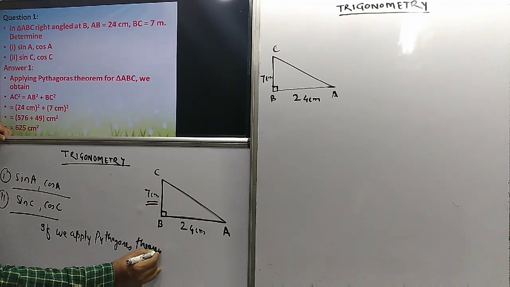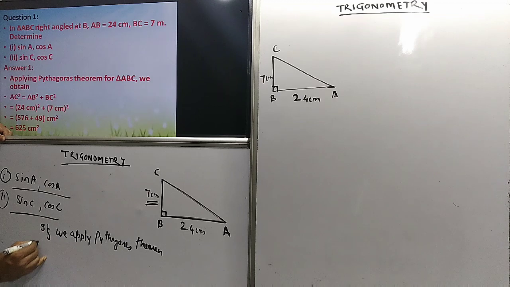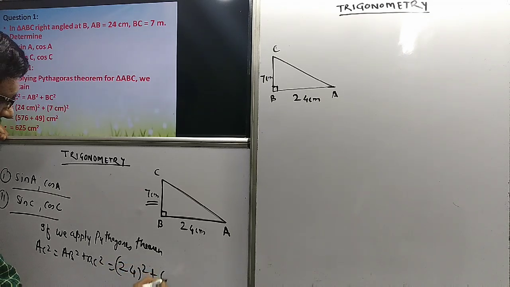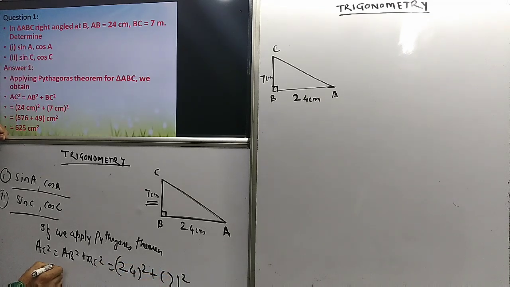If we apply the Pythagoras theorem, then AC square is equal to AB square plus BC square. AB square is 24 square, and BC square is 7 square. 24 square is 576, and 7 square is 49, which becomes 625.